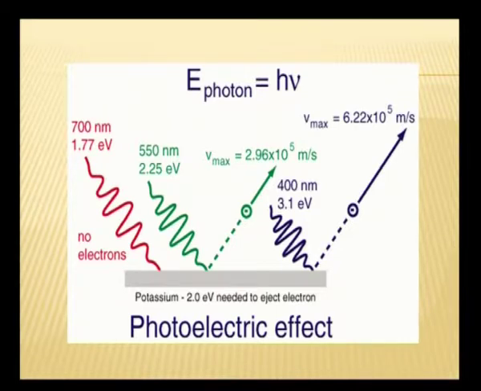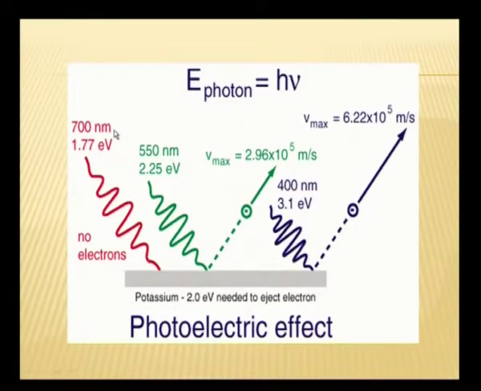I should not tell you about this relation at this point of time, because it was Einstein who introduced quantum theoretical ideas to explain this phenomenon. However, I should tell you that 700 nanometers, when converted into energy, corresponds to 1.77 electron volt. Let me again tell you, when the metal plate is made incident on by a beam of wavelength 7000 angstrom units, the energy associated is 1.77 eV.